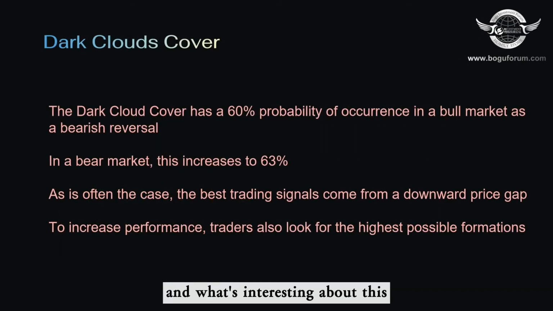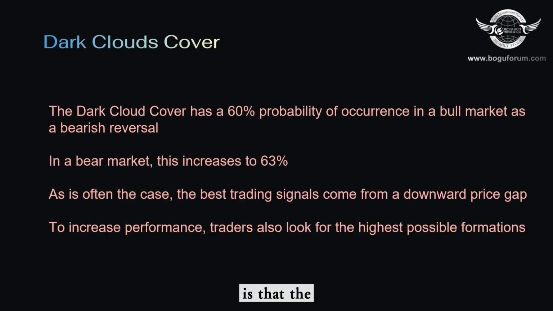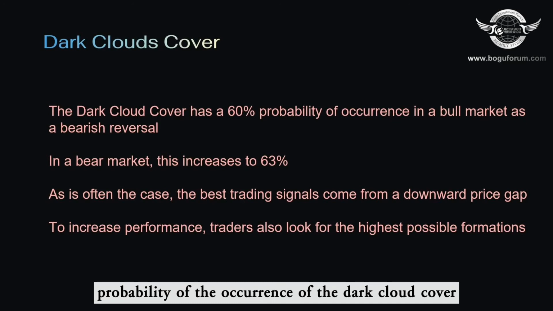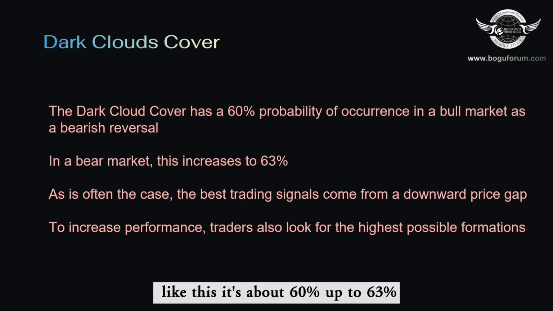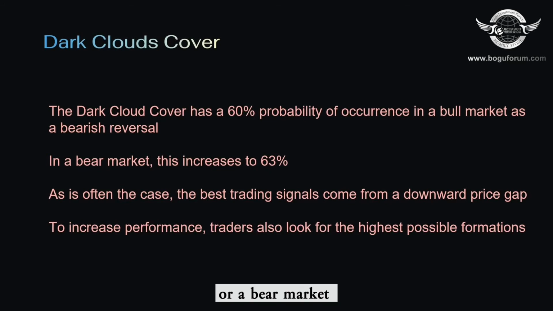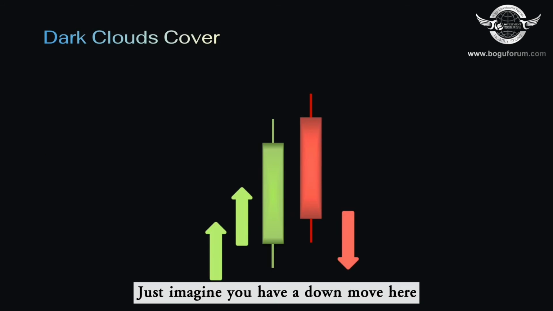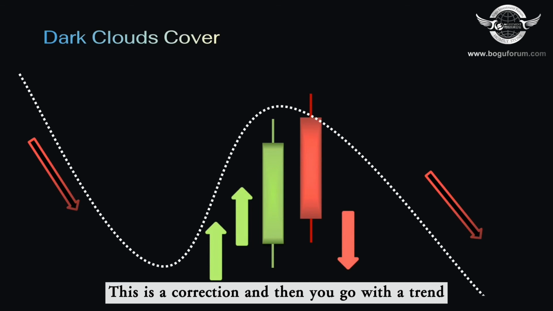What's interesting is that the probability of success for dark cloud cover like this is about 60% up to 63%, depending on whether we are in a bull market or a bear market. Just imagine you have a down move here, this is a correction, and then you go with the trend.